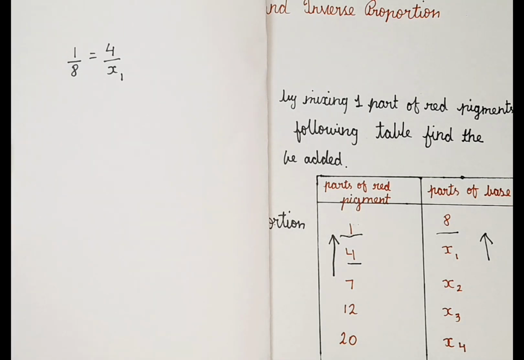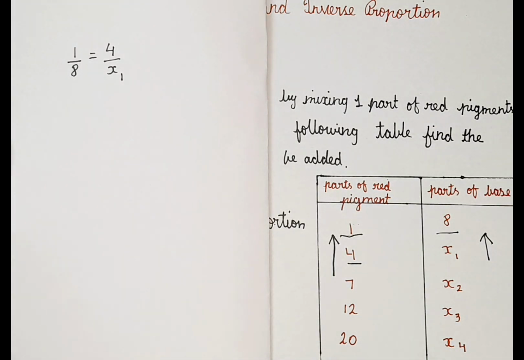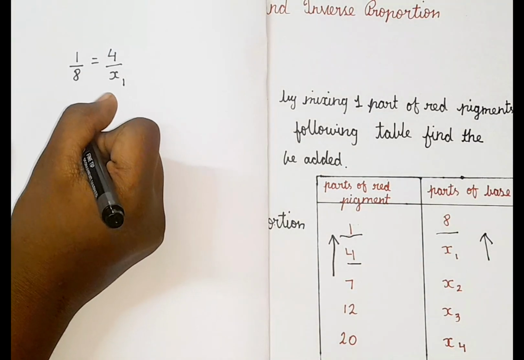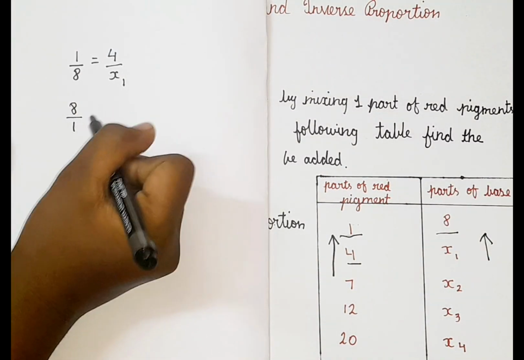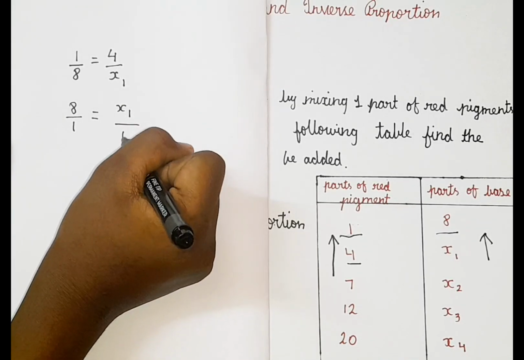We have to take the reciprocal for both the values. That's the concept of direct proportion. So let's take the reciprocal. It will become 8 by 1 is equal to x1 by 4.